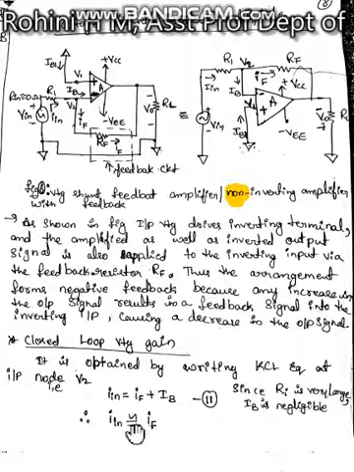Here I in is nothing but I_F, because I_B is negligible since R_i is very large. The current into the op-amp is ideally 0.